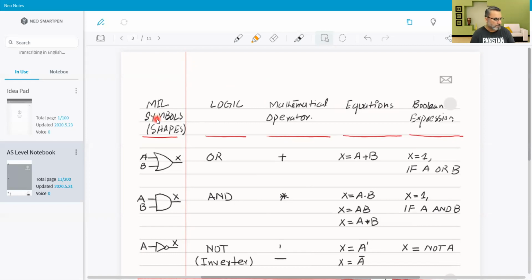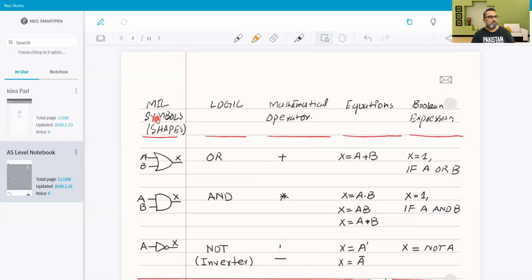MIL is the short form. Back in the 50s and 60s, the American military standardized these shapes of the logic circuits, and afterwards the American National Standards Institute and the Institute of Electrical and Electronics Engineers, IEEE, formalized it.